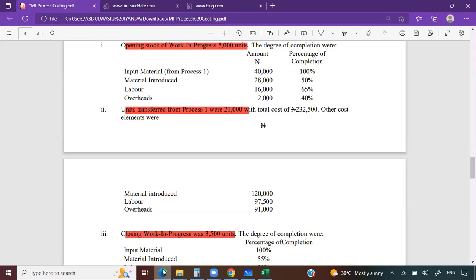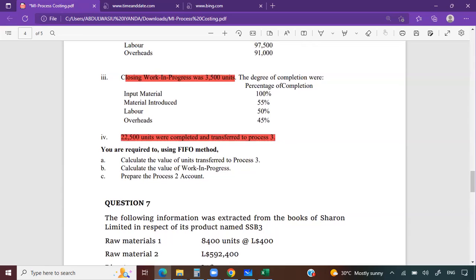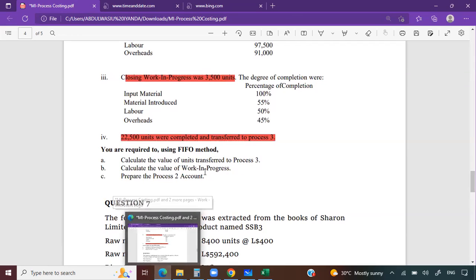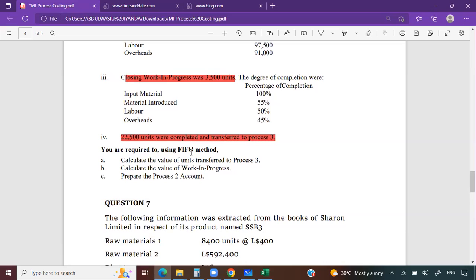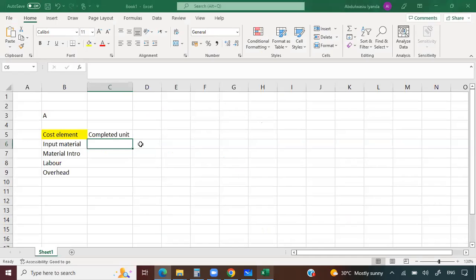It is for process 2. So how many units did you complete? You completed 22,500, per additional information 4. 22,500, sorry.